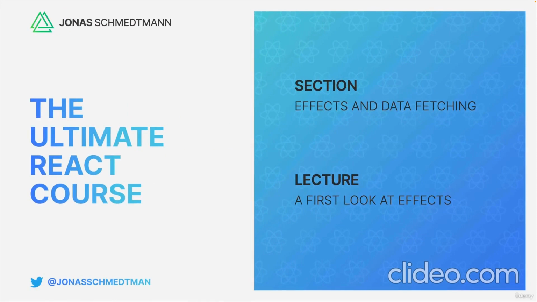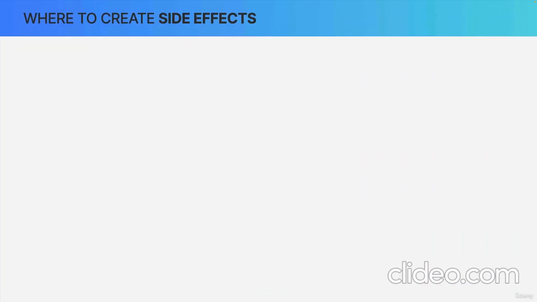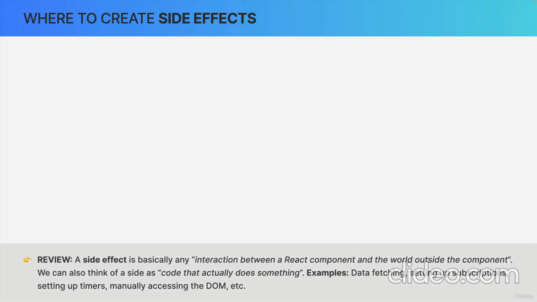So we just used the useEffect hook for the very first time in order to fetch movie data as the component mounts. But what actually is an effect, and how is it different from an event handler function? Well, let's find out in this video. And just so we're all on the same page, let's start by reviewing what a side effect is.